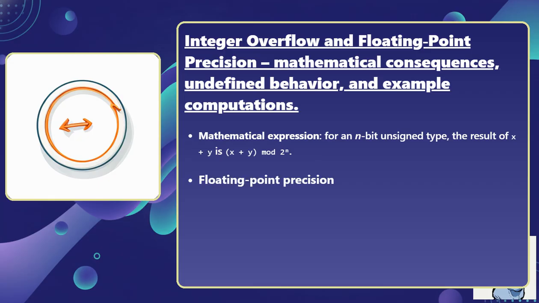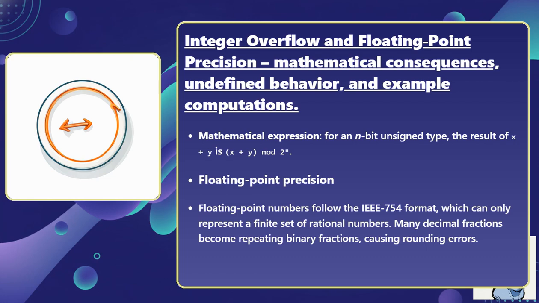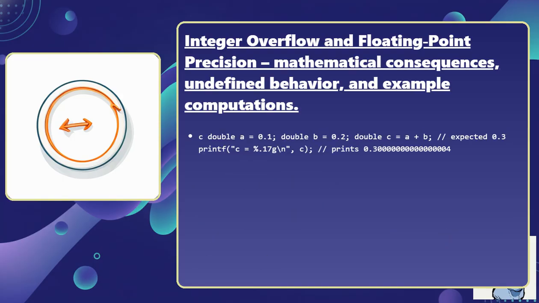Floating point precision. Floating point numbers follow the IEEE 754 format, which can only represent a finite set of rational numbers. Many decimal fractions become repeating binary fractions, causing rounding errors. Classic example: double a = 0.1, double b = 0.2, double c = a + b, expected 0.3.